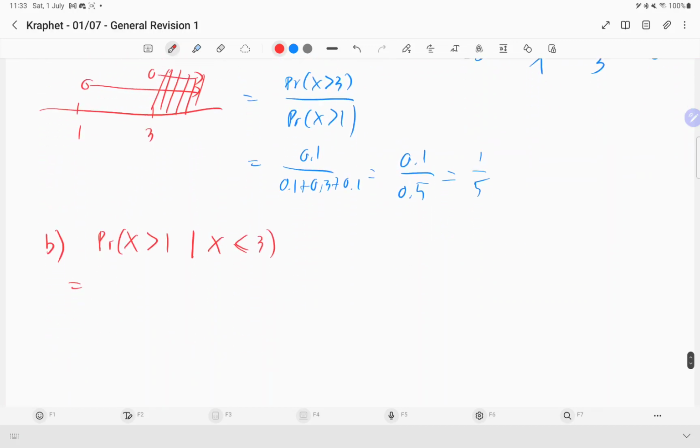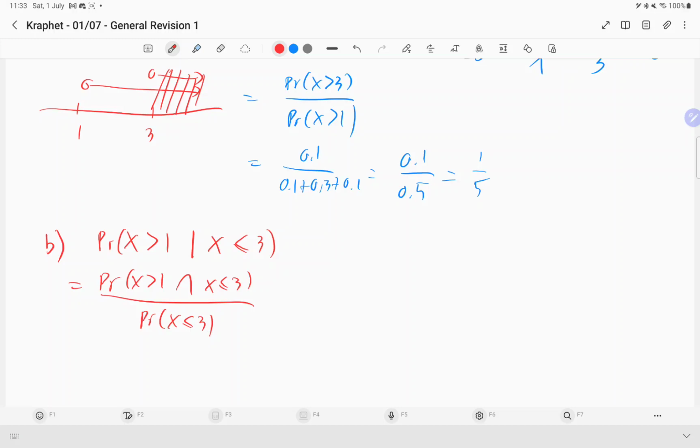C and D are a little bit different. Using the conditional probability rule, it would be the probability of x more than 1 intersect with x less than or equal to 3, over the probability of x less than or equal to 3.